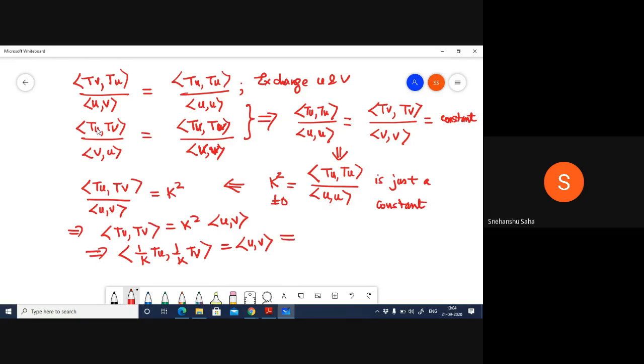So this is a property of an orthogonal linear transformation, right? So that means that 1 over k T is an orthogonal transformation, and therefore, an orthogonal transformation is invertible.